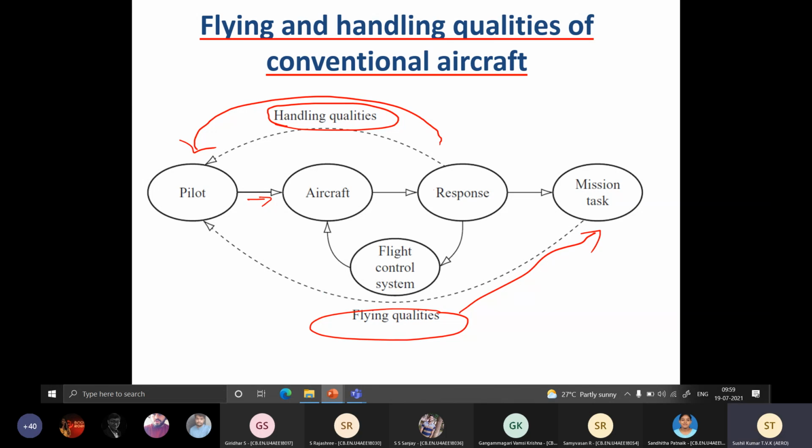Okay, so now just out of curiosity, just asking, how will the pilot know how the aircraft is responding? Forget about the instruments. Sir, what sort of instruments? Instruments in the car. We have instruments for that in the car. Suppose he is not seeing the instruments.